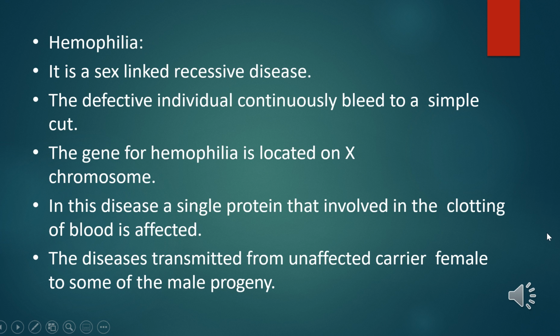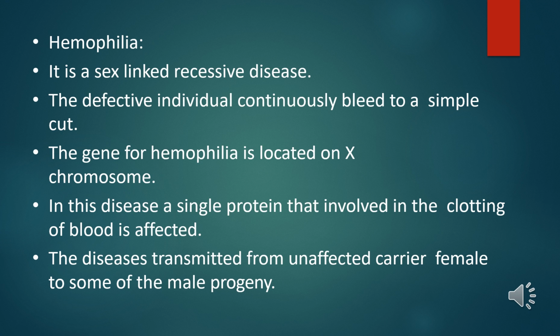This sex-linked recessive disease, which is called hemophilia, which shows the transmission from unaffected carrier female to some of the male progeny, has been widely studied. So in this disease, a single protein, part of a cascade of proteins involved in the clotting of blood, is affected.